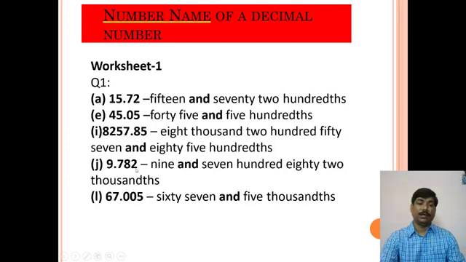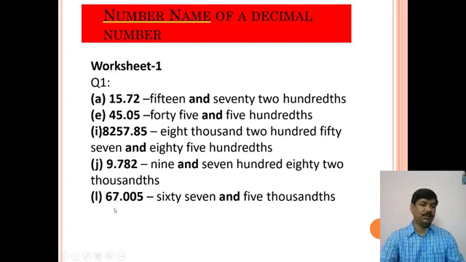So we read 782 thousandths. Finally, we read and write it as 9 and 782 thousandths.